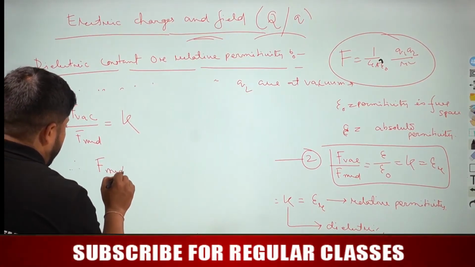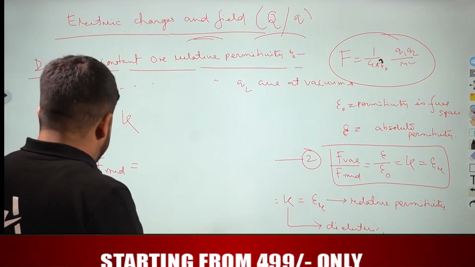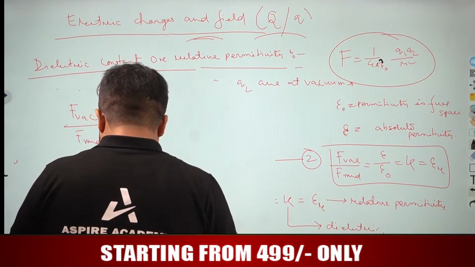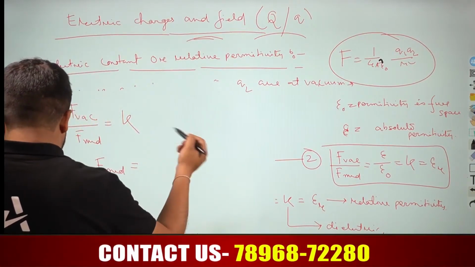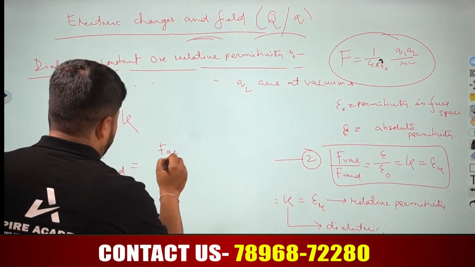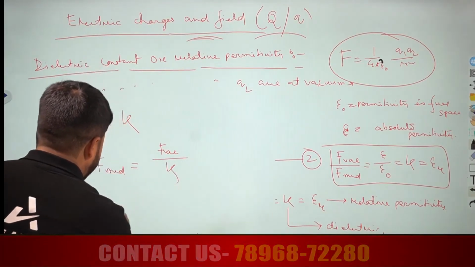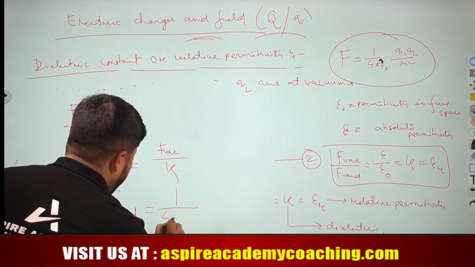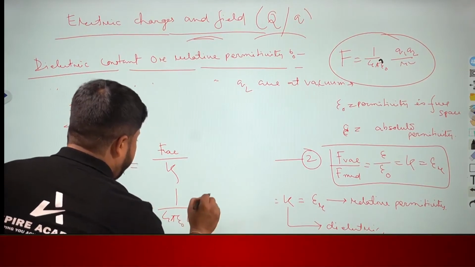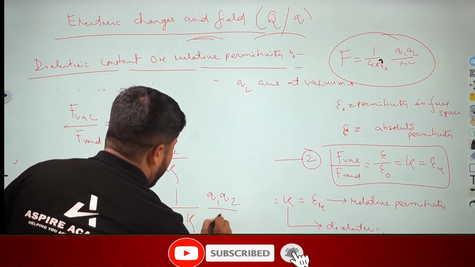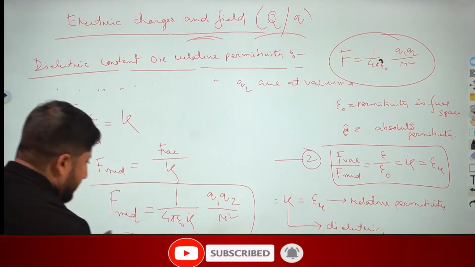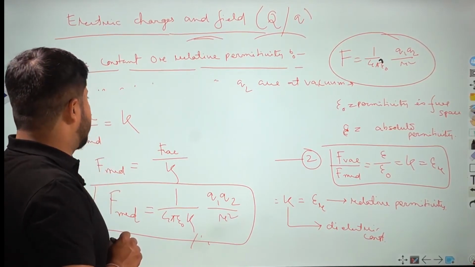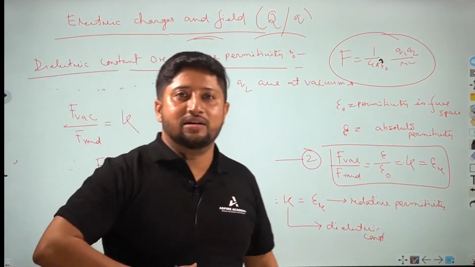Suppose the two charges are placed in a medium, say air or water. Then F medium is F vacuum by kappa, which is 1 by 4 pi epsilon naught kappa Q1 Q2 by R square. So this is Coulomb's law if we place the two charges in a medium. This is all about today's class.